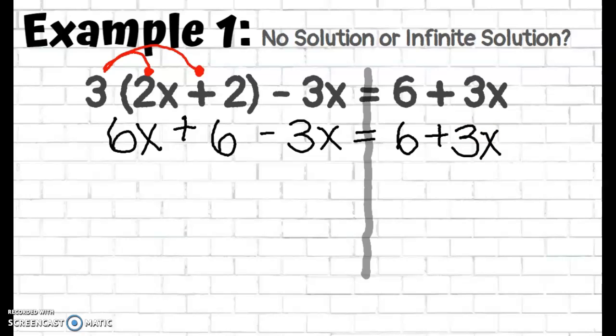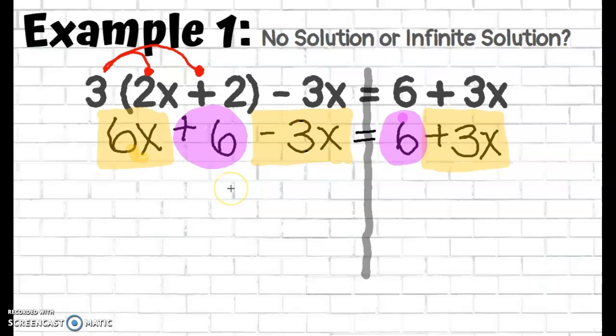On my left side here, I've got a variable term in 6x, and I also have a variable term in negative 3x. And then if I look at the right side, I've also got a positive 3x right here. And now to look at my constants, I've got a positive 6 right here and a positive 6 right here.